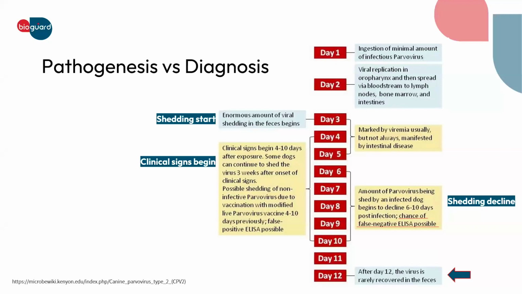And from day 3 to day 5, there will be a lot of problems in the intestine as well. For example, you will see bloody diarrhea, where the stool or feces will have blood in it, or a lot of mucosal or watery diarrhea coming out.